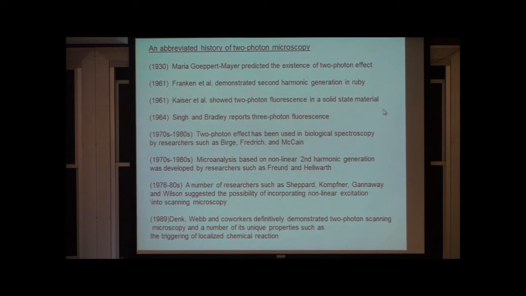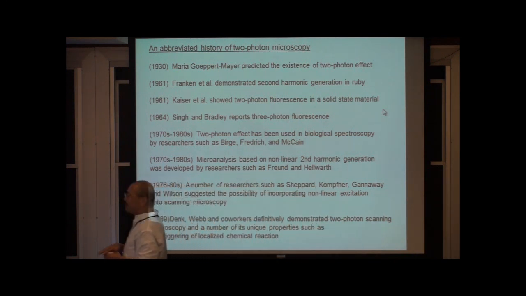And her name is always linked to two-photon microscopy today by the so-called two-photon cross-section of a fluorophore. The efficiency of a given fluorophore being excited by the two-photon process is measured in the Goeppert-Mayer unit. So Professor Goeppert-Mayer is always linked to two-photon.